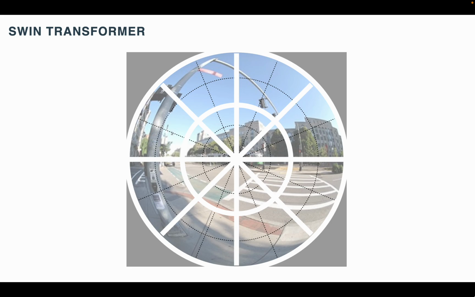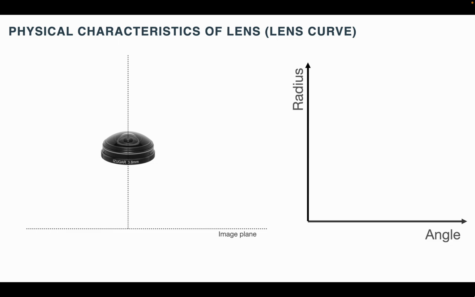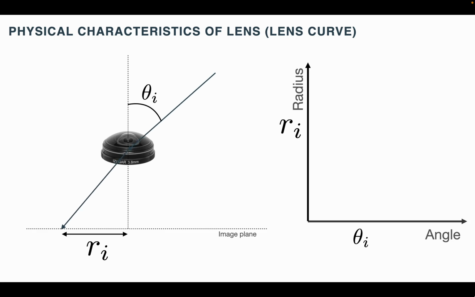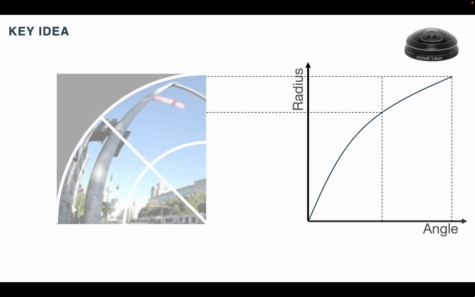Along with the polar partitions, we use the physical characteristics of the lens, which is defined by a radius and angle curve. Consider a ray hitting the camera at an angle theta i and projecting an image at a distance Ri. We use these two values to plot our radius and angle curve, which in turn is used to sample the radial values for our polar partitions.